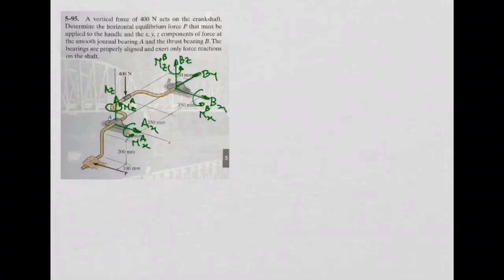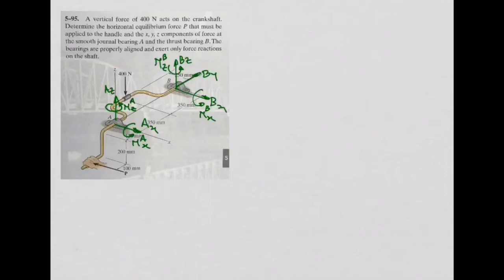Yeah. When you apply this force P in the handle, right? And when you have that 400 newtons there, look, if you look at that 400 newtons, if you multiply that 400 newtons by 350 millimeters, that will give you a moment in the x direction, right? Okay?